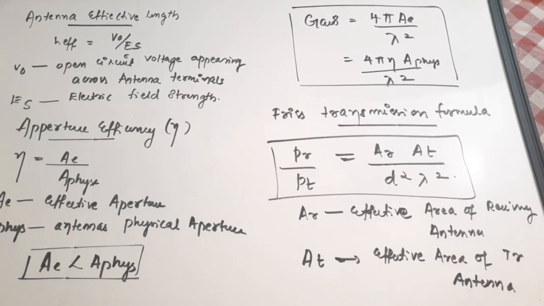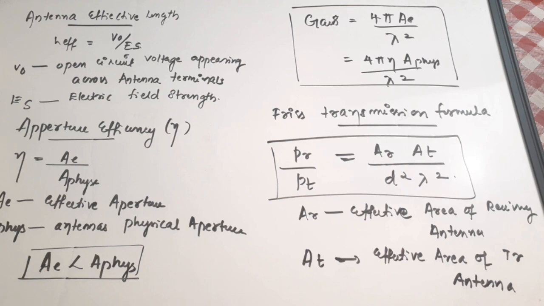So these are the important equations which I've included in this video. These are very, very important equations. I'm not stuffing in all the unwanted equations. In questions, you can face questions like finding the effective length, or what is the Friis transmission formula. Sometimes you have to use it to calculate any of these parameters.